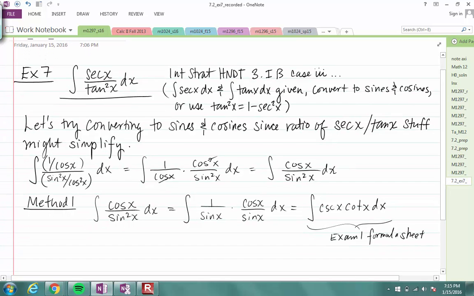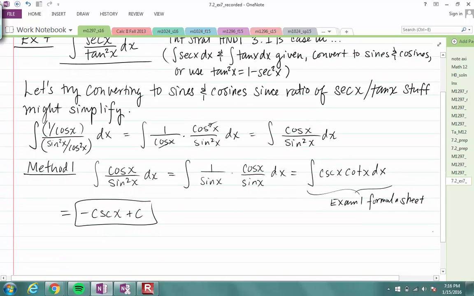So that's just given, and it doesn't get easier than that. Definitely some insight to recognizing that, but from here on out we just write that result from the formula sheet and we're done. So that's one way.